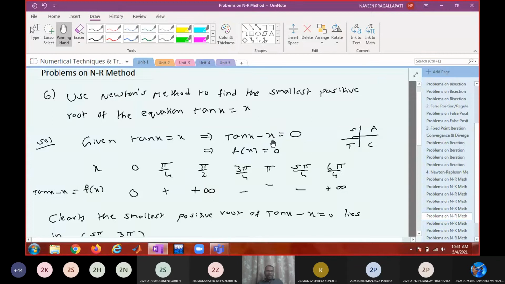Infinity minus some positive value is also infinity. So till pi by 2, all are positive values.